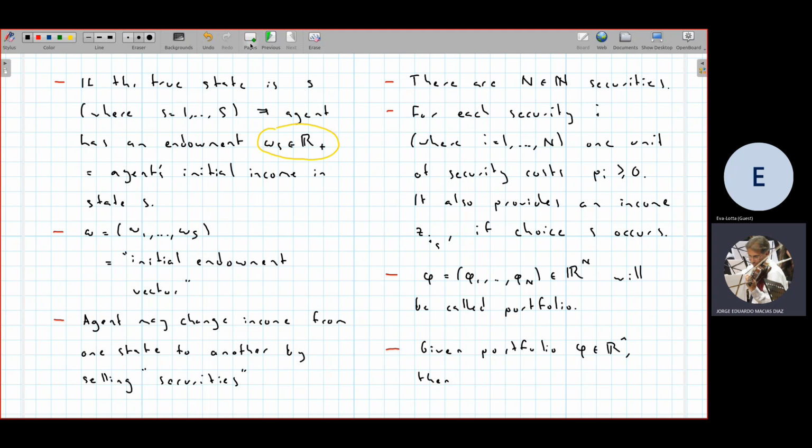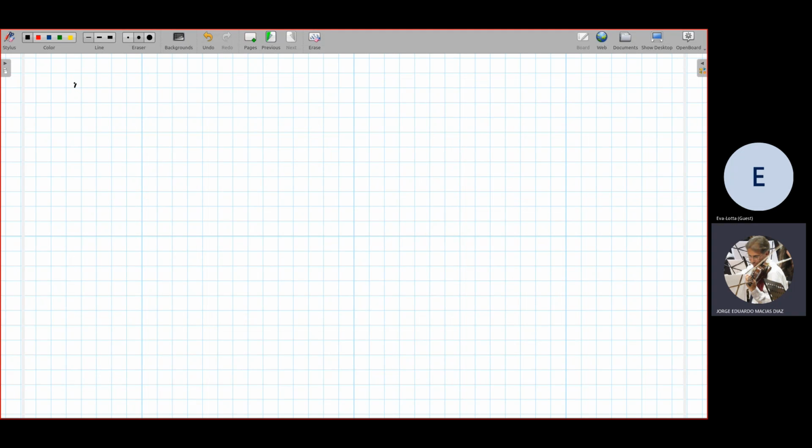Okay, so the income in state s will be given by the sum from i equal 1 to n of the ith component of the portfolio times z i s.